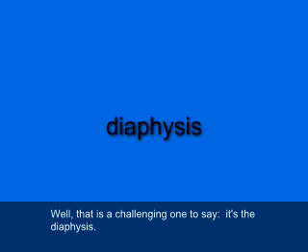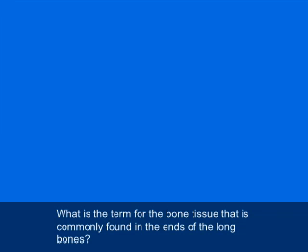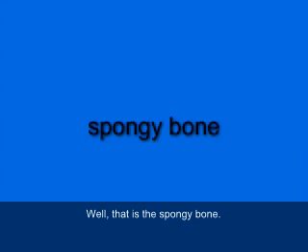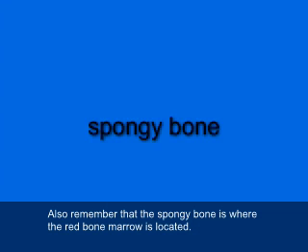Diaphysis. Well, what is the term for the bone tissue that is commonly found in the ends of the long bones? Well, that's the spongy bone. Also remember that the spongy bone is where the red bone marrow is located.